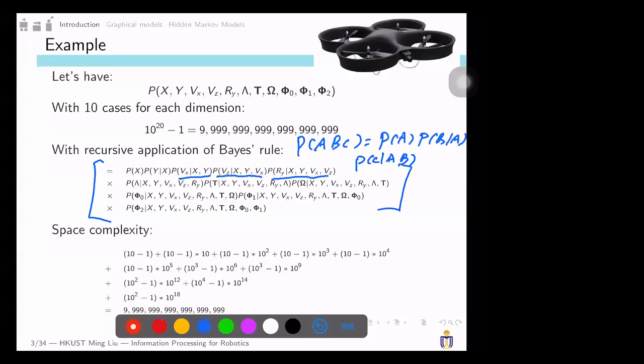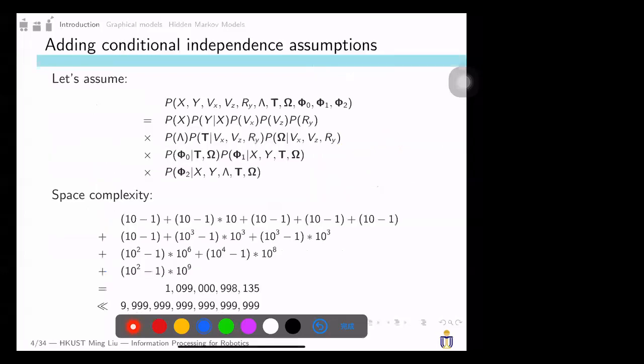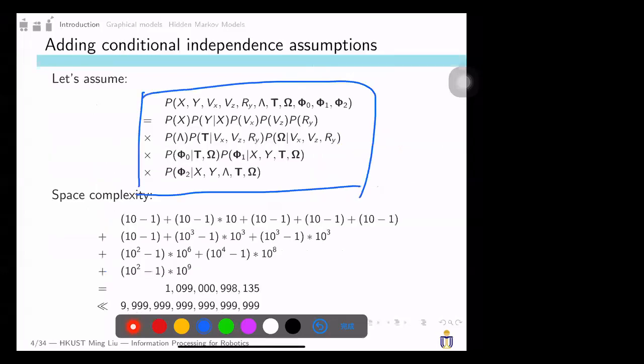And now we can take advantage of the physical assumption. So the velocity is nothing to do with the location, and the velocity in Z is nothing to do with the velocity in X, and the rotational speed is nothing to do with all this. Then you have this final reduced version, right? Then the space complexity is much, greatly reduced.